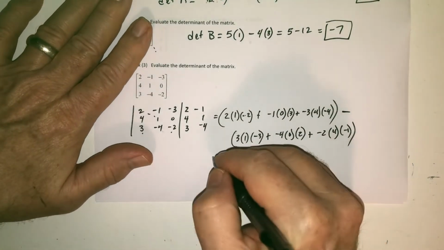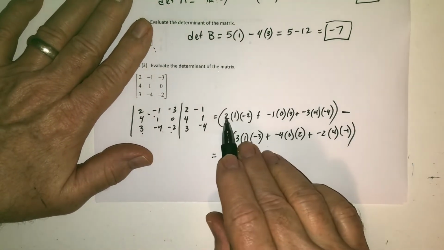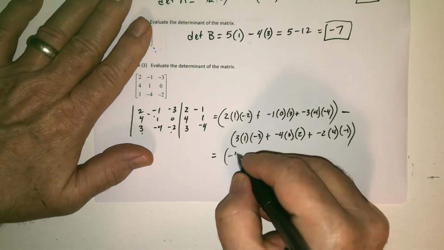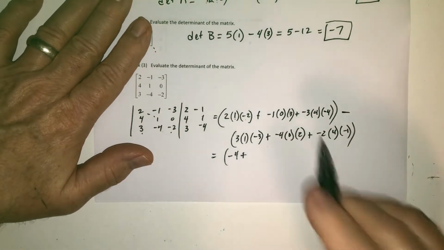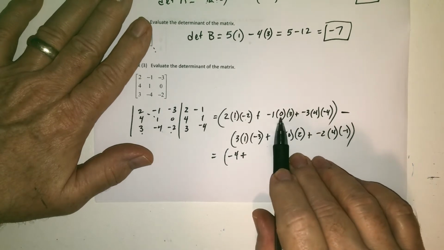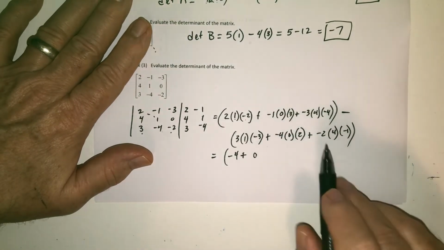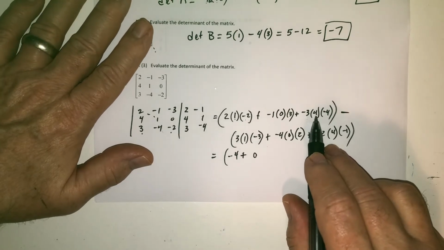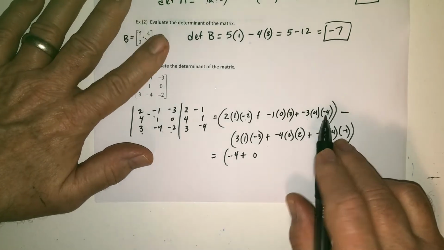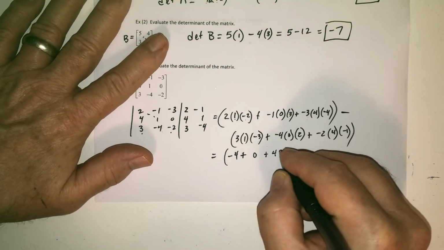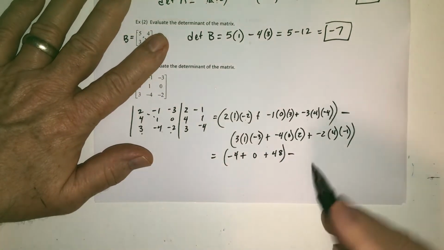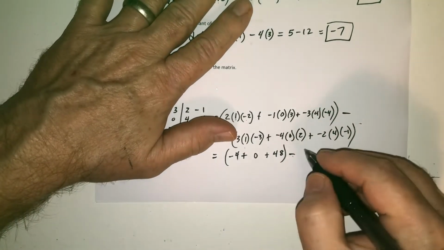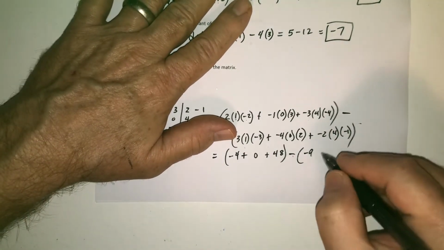Now let me go in and do these products. 2 times 1 is 2, and 2 times negative 2 gives me negative 4, plus negative 1 times 0 is 0, times 3 is 0. Negative 3 times 4 is negative 12, and negative 12 times 4 is 48. So that would be plus 48 minus, now we're right here. 3 times 1 is 3, times negative 3 is negative 9.